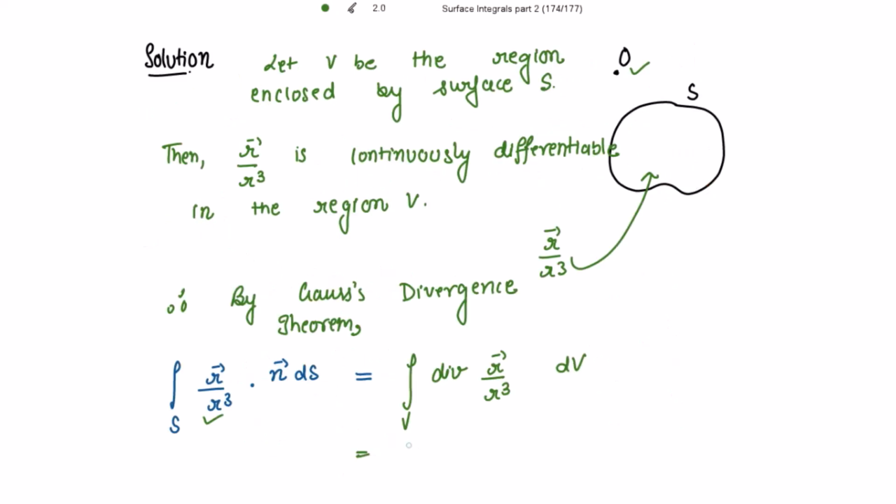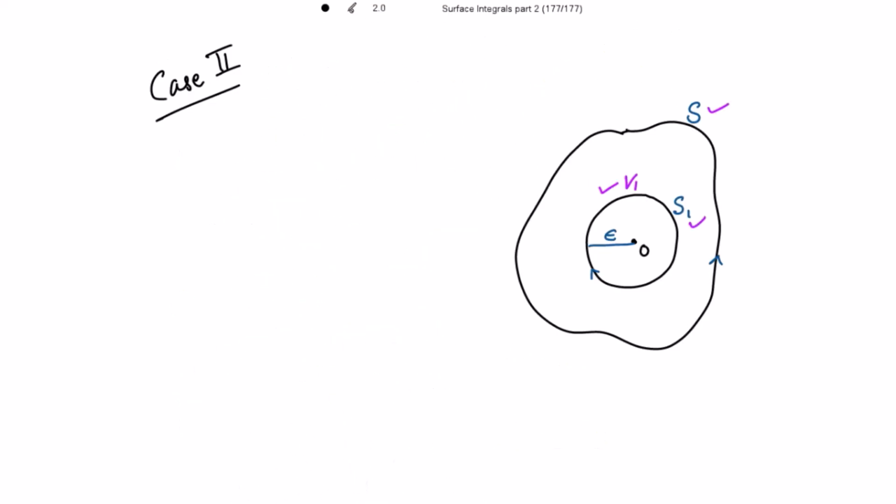So the volume integral of divergence, which is 0, is equal to 0. So we have shown that the given surface integral is 0 when the origin lies outside of the surface S. Now the next case is when the origin O lies inside the surface S.